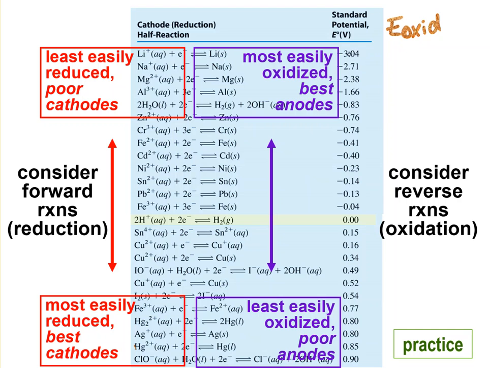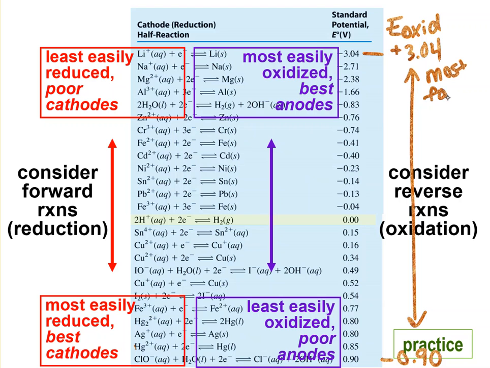And if I wanted to get those, I would change the sign. And it goes all the way down to negative 0.90. Okay. If those are the oxidation potentials, which are most favorable? These are most favorable, because they're positive up here once I flip them.